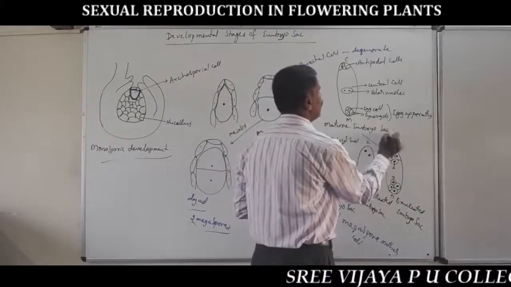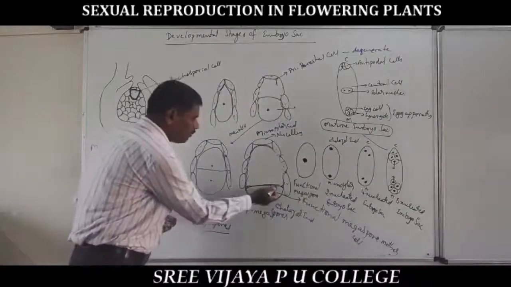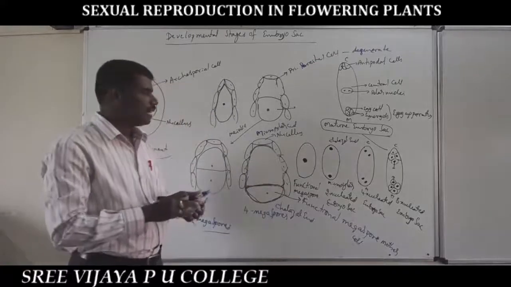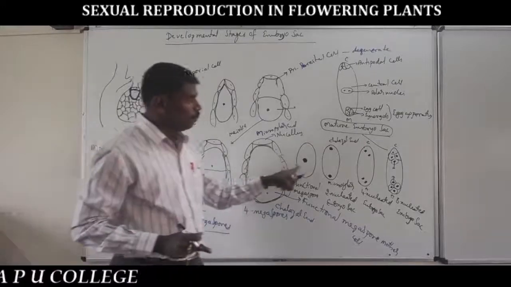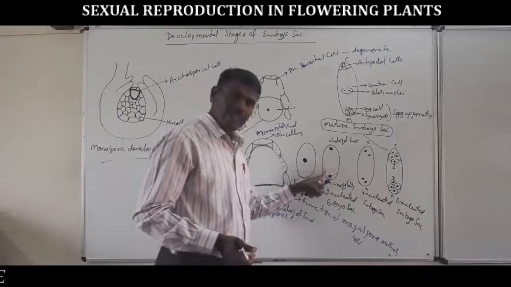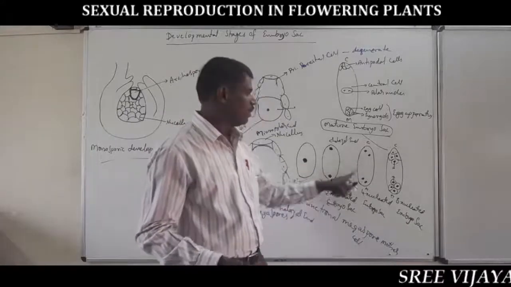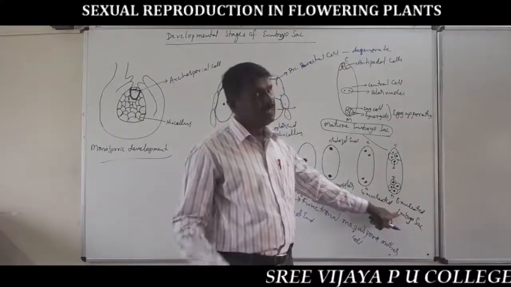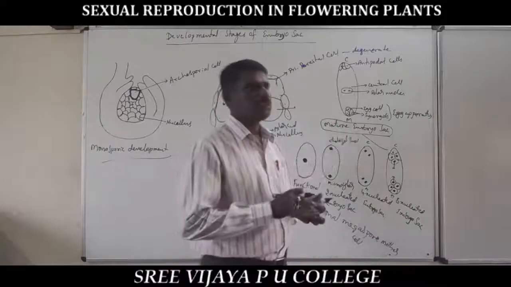A mature embryo sac is developed from only one functional megaspore. This produces a two-nucleated embryo sac, a four-nucleated embryo sac, and an 8-nucleated embryo sac. In the 8-nucleated embryo sac there are 7 cells.